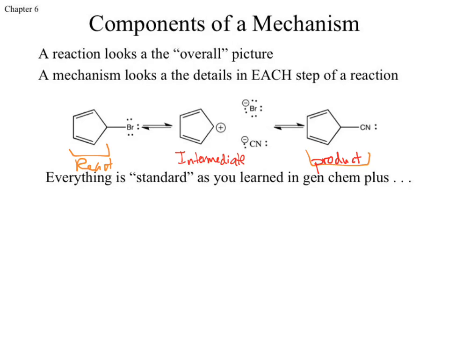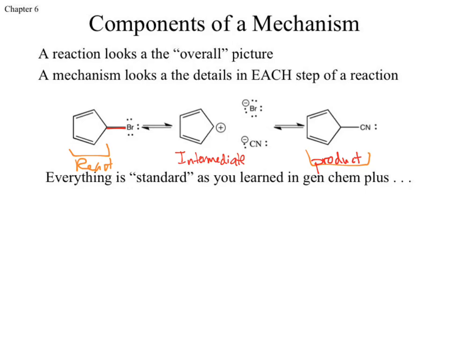Okay? So what happened with our electrons? What happened in that first step? What changed? You'll notice that we broke a bond between the carbon and the bromine. That disappeared. Where did the electrons in that bond go? How do you know they went to the bromine? Bromine started at what charge?